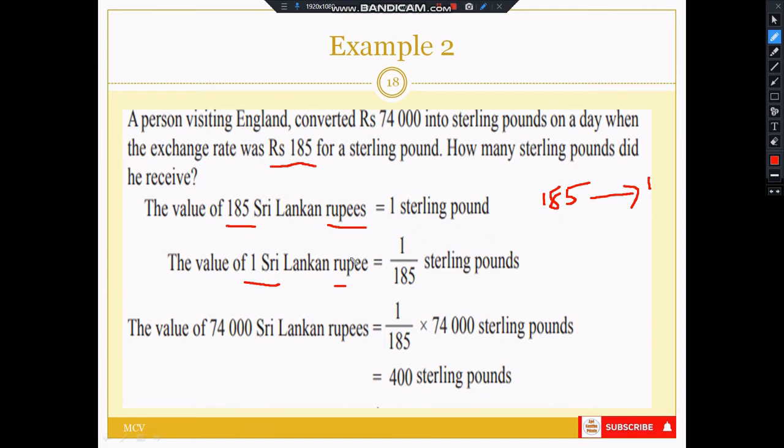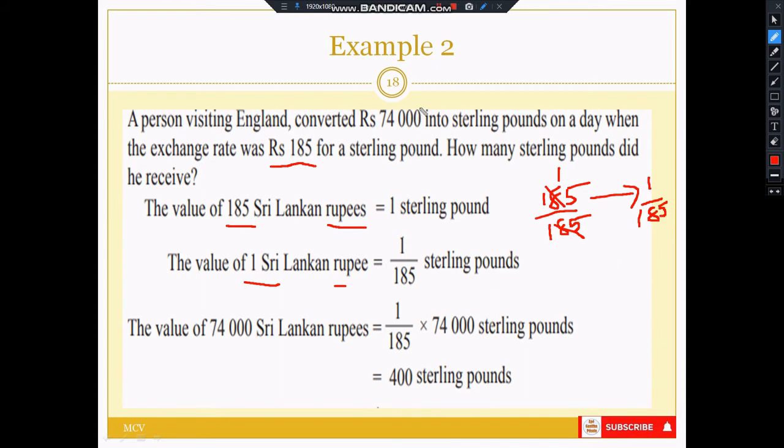Then you want 1 rupee, so you have to divide both sides by 185. When you divide this side by 185, you get 1. The other side is 1 over 185. That means 1 rupee is equal to 1 over 185 sterling pounds.